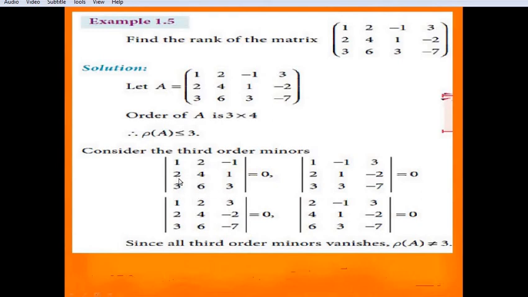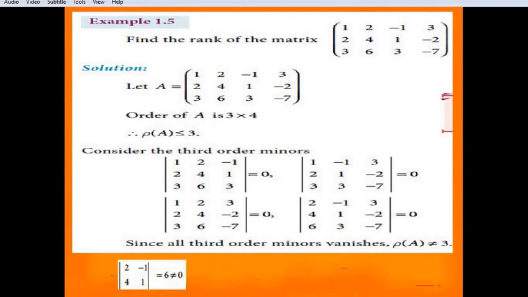If two columns are proportional, then we know the determinant value is 0. And here, removing the C2 column, we get a 3 by 3 matrix. Its determinant is also equal to 0. So you can get the four 3 by 3 minors. All four 3 by 3 minors are 0, so its rank is not equal to 3.